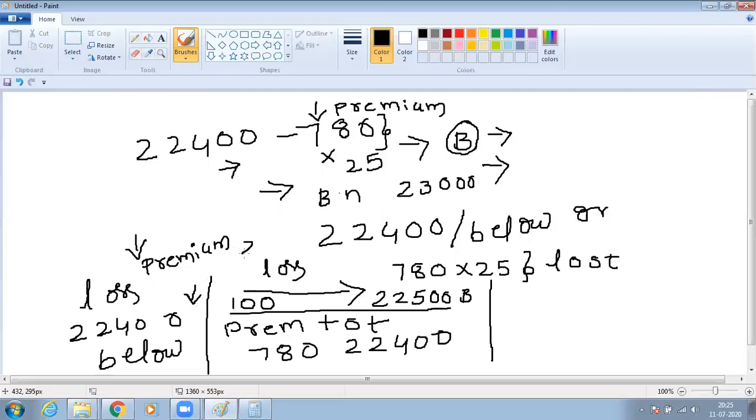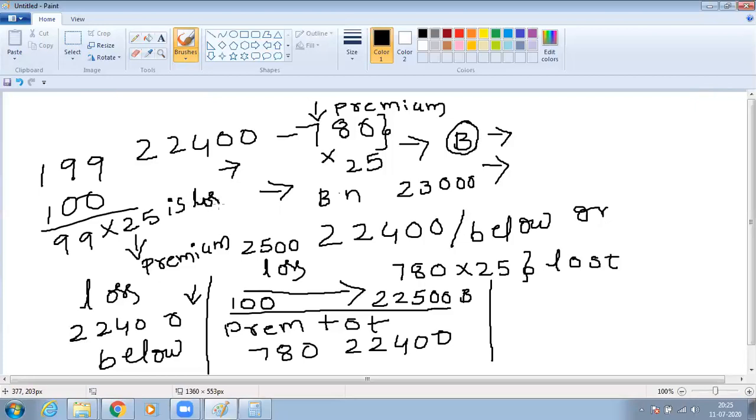So 2,500 profit you will get, but you have paid 19,500 to buy the call option. So 780 minus 100, so 680 into 25 is still loss. As long as you are in this zone, your loss gets decreased.